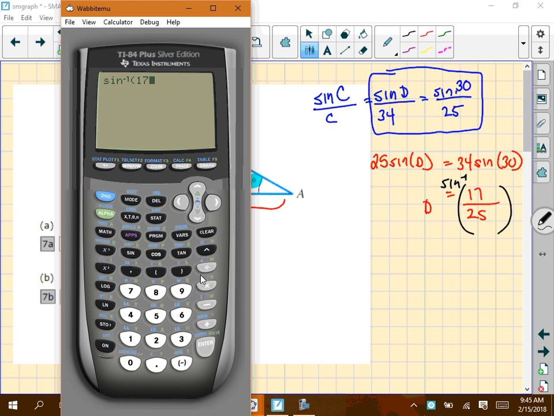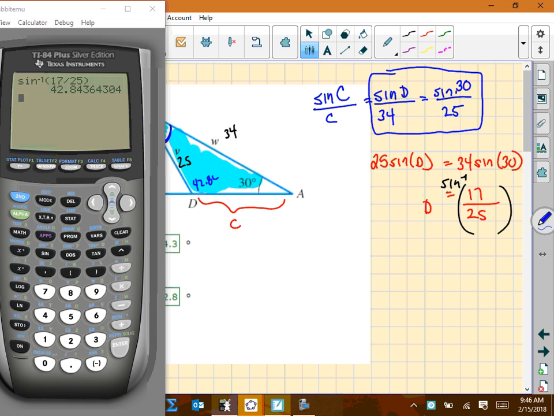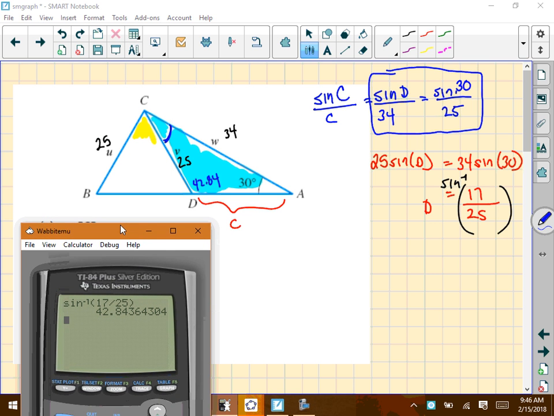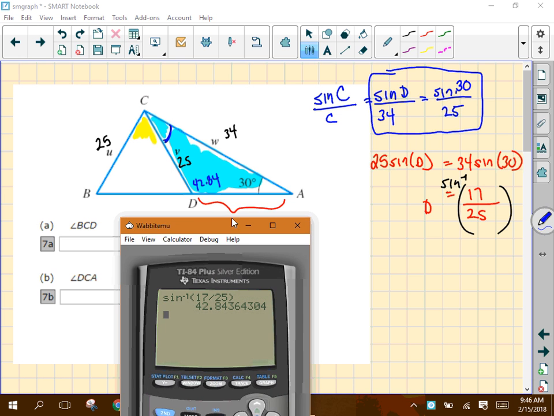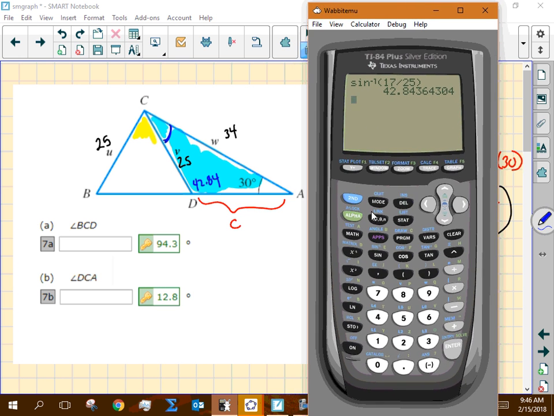So 17 divided by 25 gives me that angle to be 42.84. Okay? So angle D, 42.84. Now, don't ever go off of looks, but that angle doesn't look like a 42-degree angle, does it? Don't ever go off looks, but it doesn't look that way.